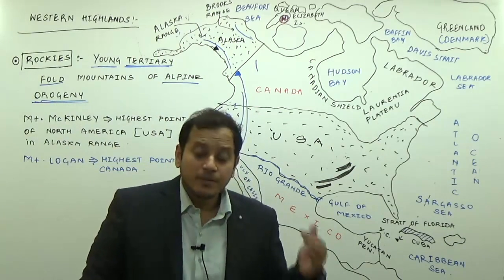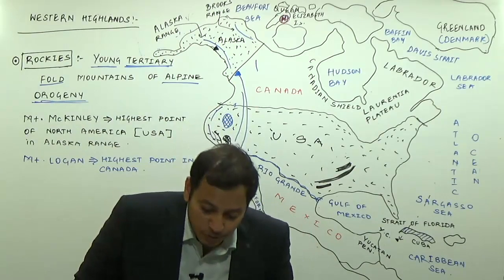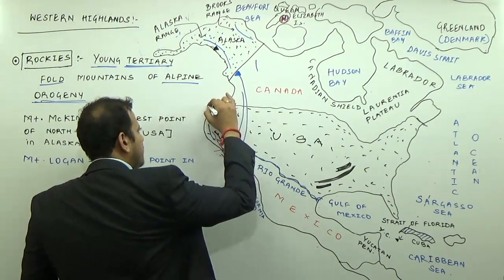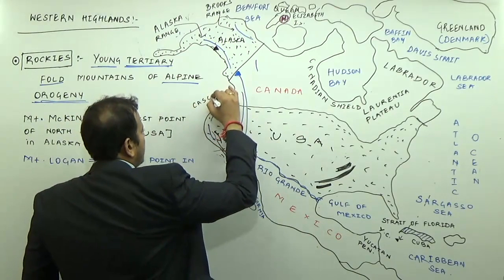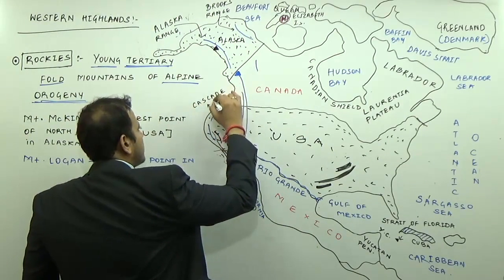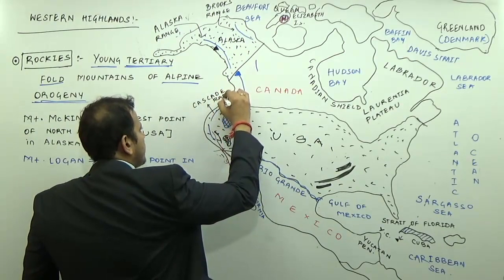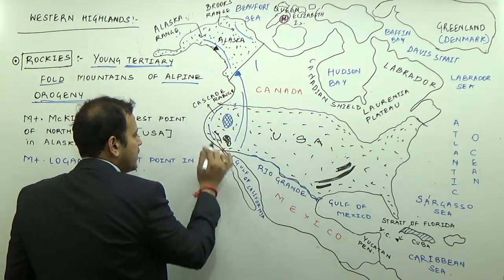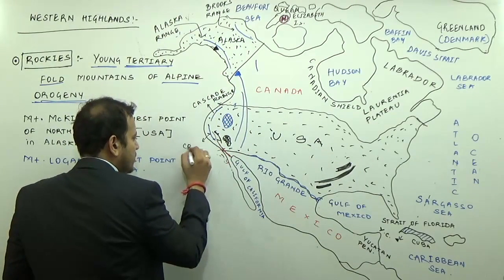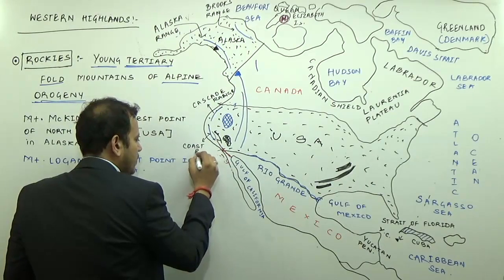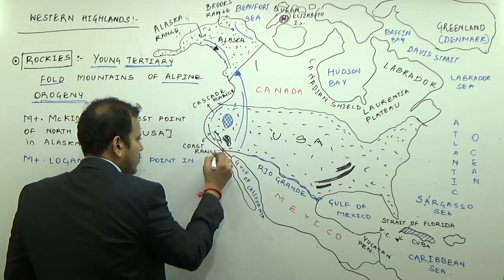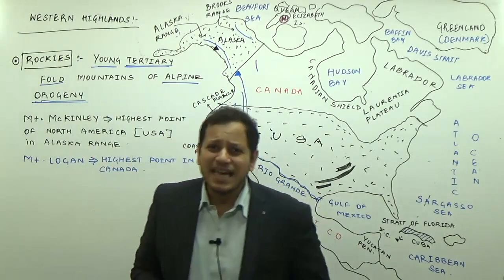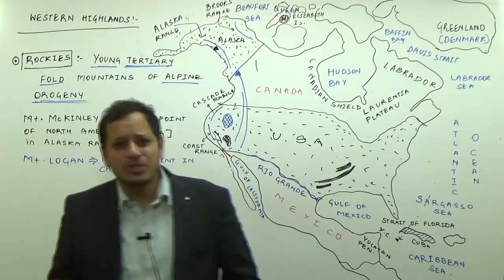The Rockies are then known by different names such as the Cascade Ranges. And because they run parallel to the coast here, they are also known as the Coast Ranges. So the question they can ask you is where the Cascade Range and the Coast Range are located.